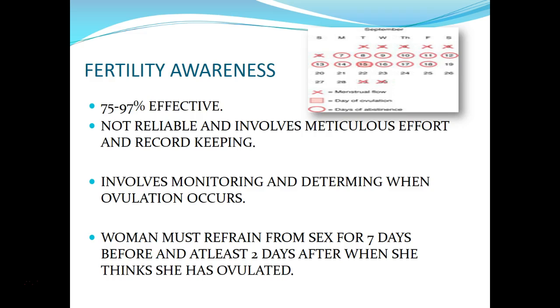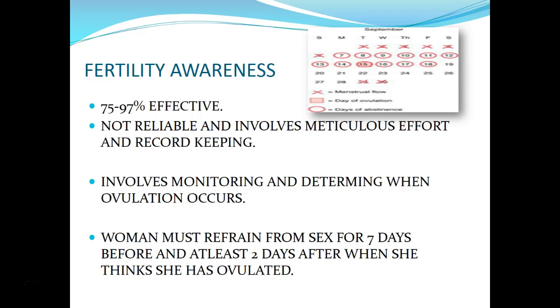And the woman has to refrain from sex for 7 days before and at least 2 days after when she thinks she has ovulated. So it requires her to, number one, know when she's going to ovulate, and it requires her to be pretty consistent cycle-wise. If you look on page 1378 in your Pearson book, figure 19-17, you'll see a basal body temperature chart there, and I'd like for you guys to look over that.